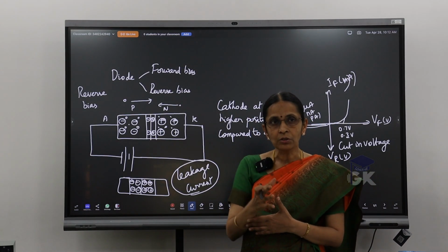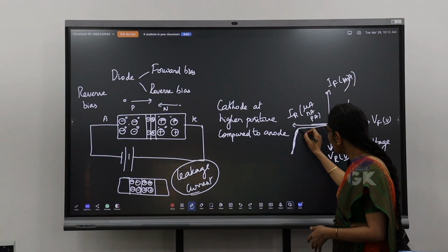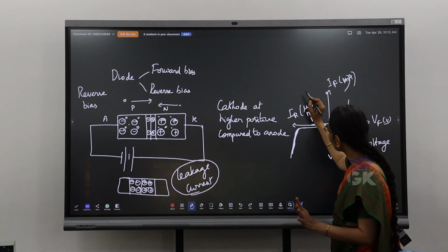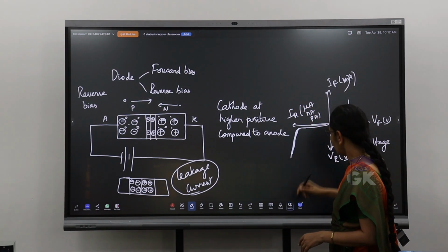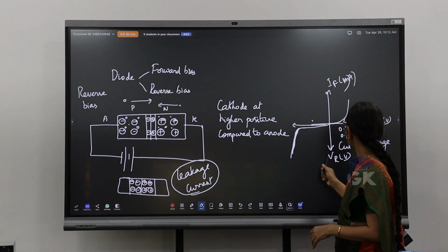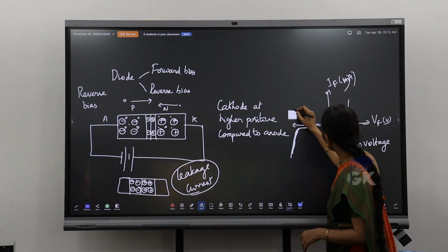So because of that cumulative multiplication, your device will break down and you will have a rapid increase in the value of your, sorry, I have changed the scale. This should be voltage. Please correct it. This should be your voltage.